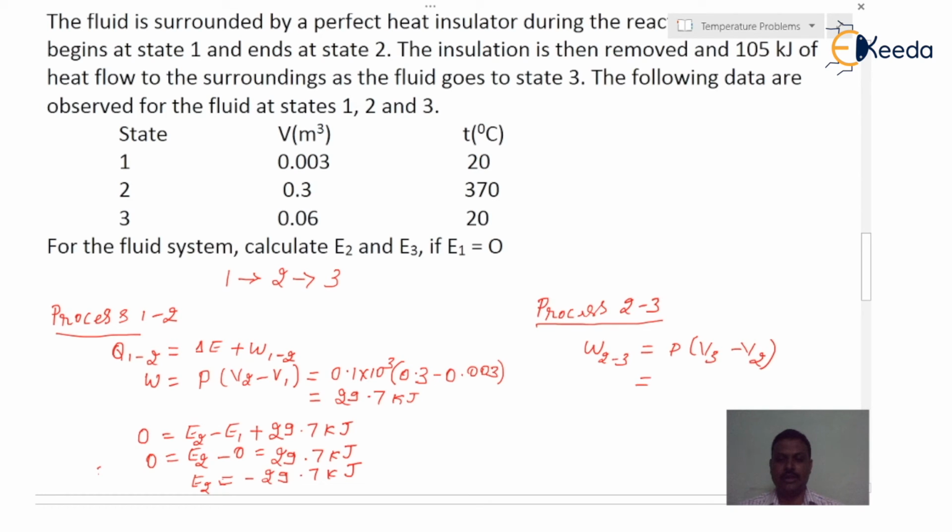Here the pressure is 0.1 into 10 power 3, to convert mega Newton per meter square to kilo Newton per meter square, since Newton per meter square is Pascal, into V3, 0.06, minus V2, 0.3.